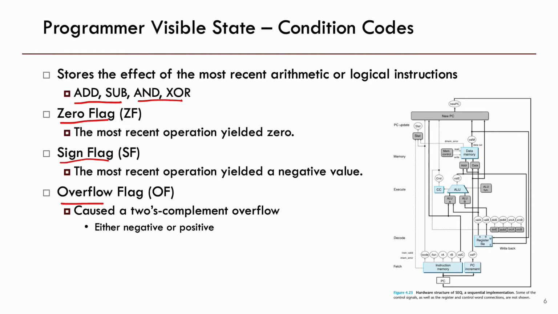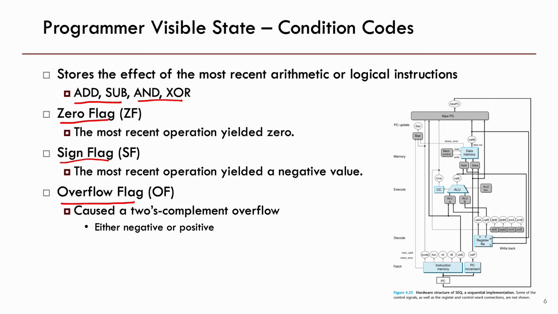And the third bit, or third flag, is the overflow flag, and we set this flag if the last operation caused a two's complement overflow. We will talk about what I mean by two's complement overflow later.